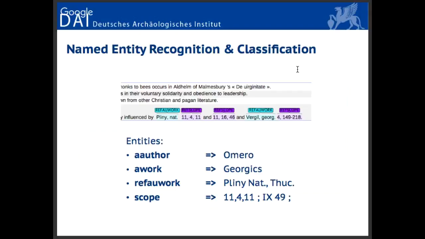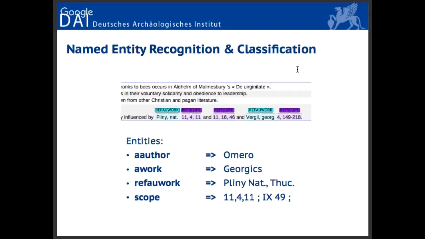And then capturing references just becomes a matter of assigning the right CTS URL to each mention of an ancient author, like Homer, or mention of an ancient work, like Georgics, or mention of a canonical reference, which is a combination of a reference to an author or a work and a reference to what I call the reference scope, so the very text passage you are citing.